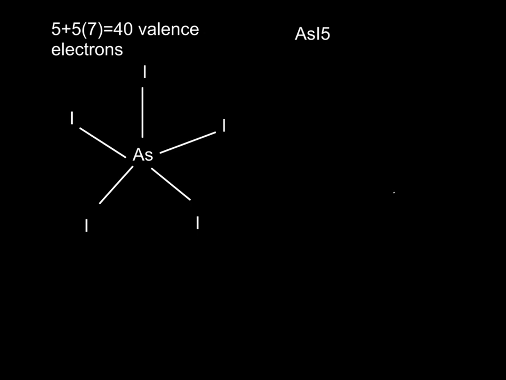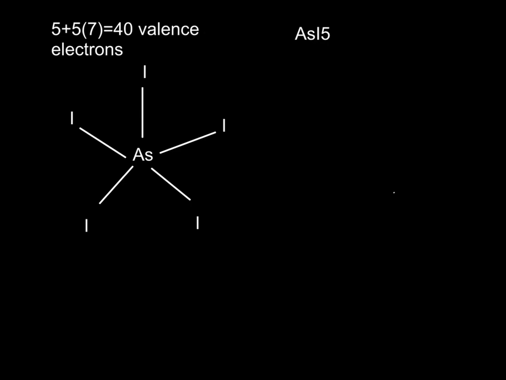I've placed the iodines symmetrically about the arsenic, and now I'm going to fill in the rest of the valence electrons around the iodines to check that my count is correct on my Lewis structure.